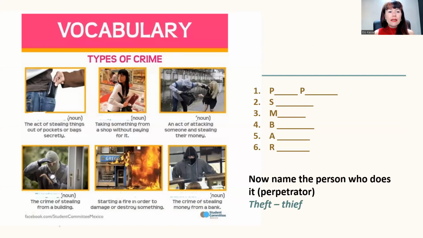So the first one is the act of stealing things out of pockets or bags secretly. That's number one here. So we have two P's in here. Can you guess this one? Stealing things out of pockets or bags secretly. Okay, we'll give you, of course, the answers in a minute. The second one here, taking something from a shop without paying for it.